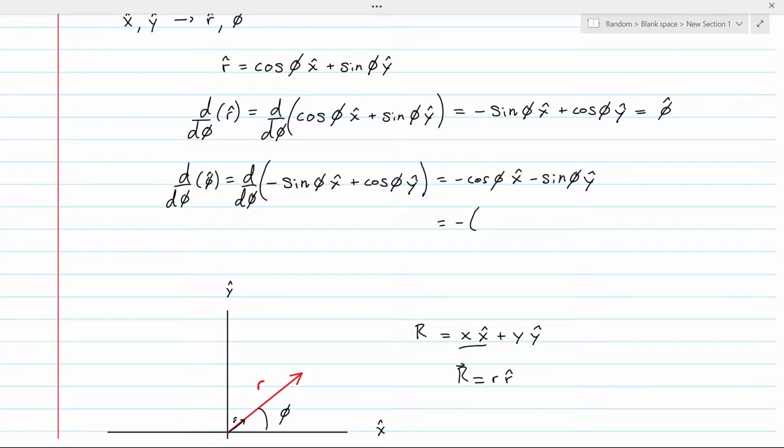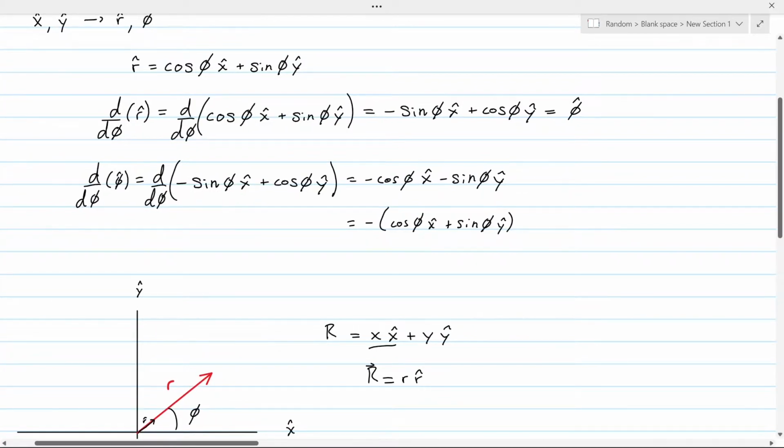Pulling out the negative, we can see that this equals minus r hat.